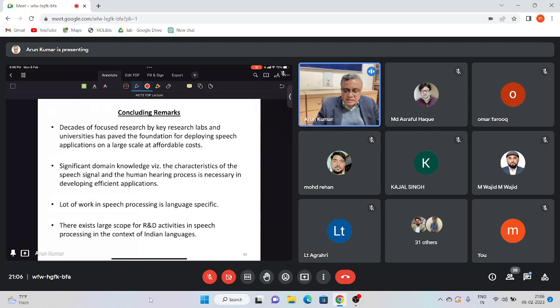So to conclude then, decades of focused research by key research labs and universities has paved the foundation for deploying speech applications on a large scale at affordable costs.